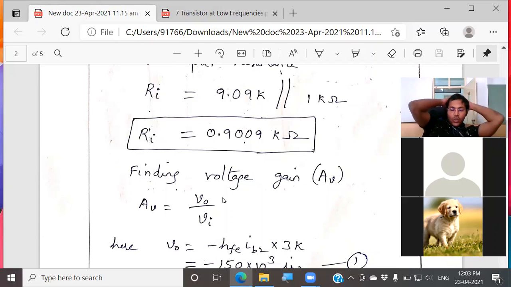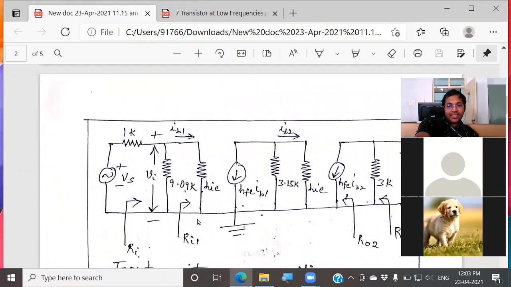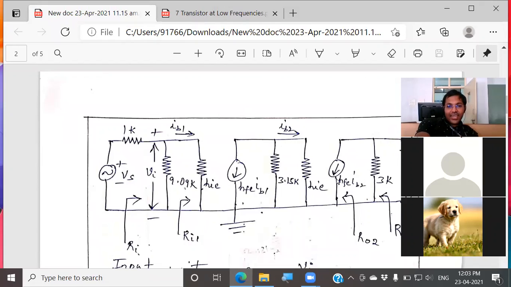You see, think about what I can take common in this circuit. Maybe Ib1. First I can get V0 in terms of Ib2, then from this circuit I can get Ib2 in terms of Ib1.